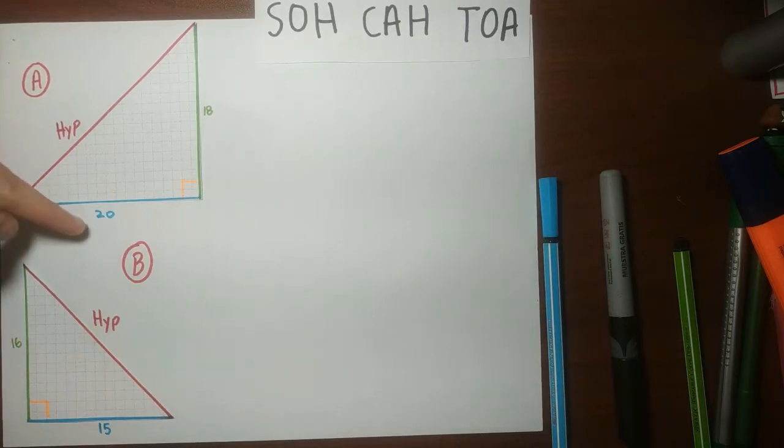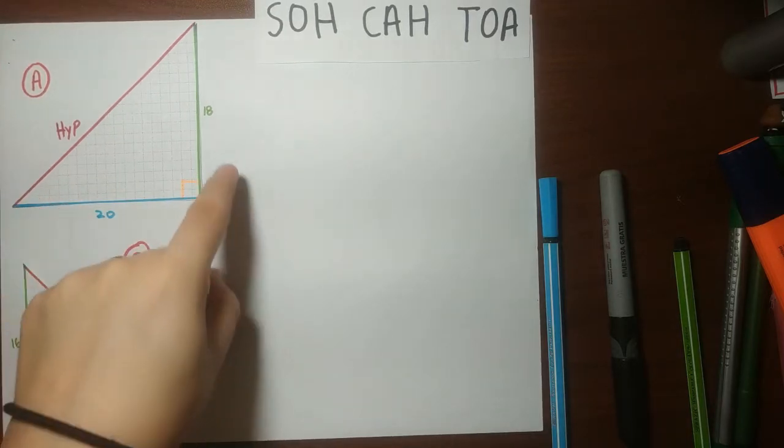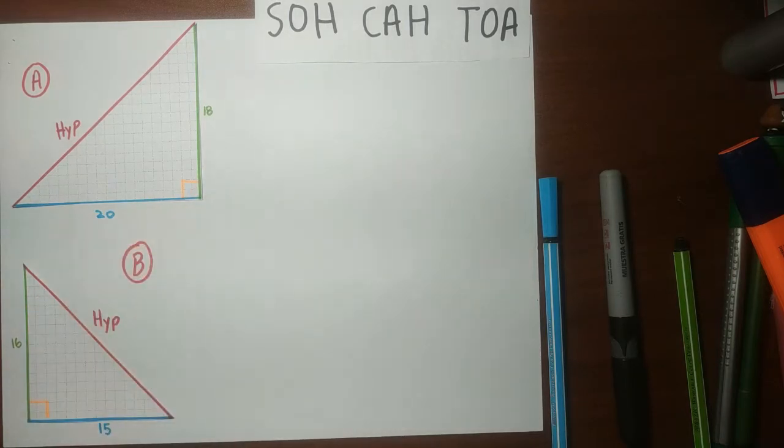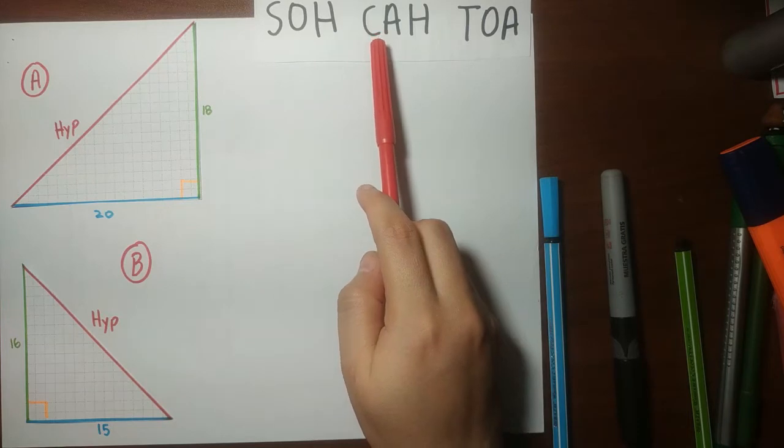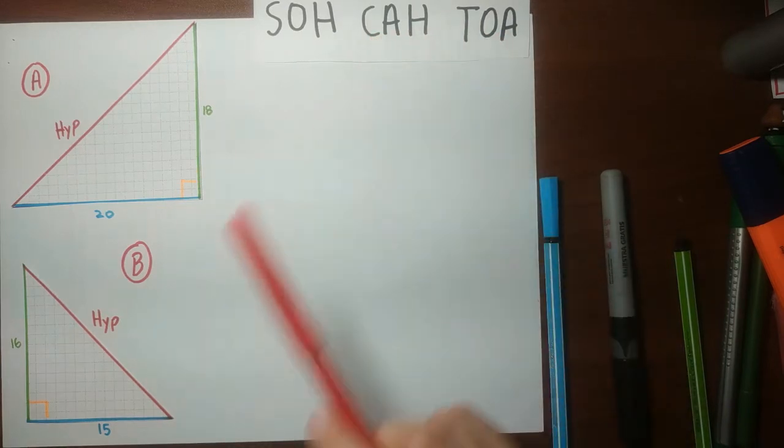I know one of the legs measures 20 and the other measures 18. So the instruction is to calculate the hypotenuse and calculate the three basic trigonometric functions, which are sine of the angle, cosine of the angle, and tangent of the angle.